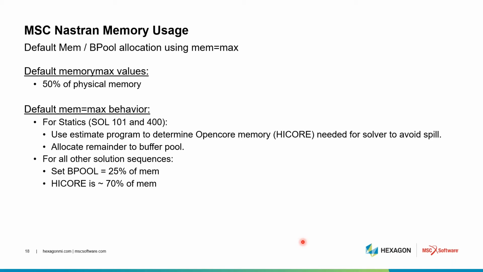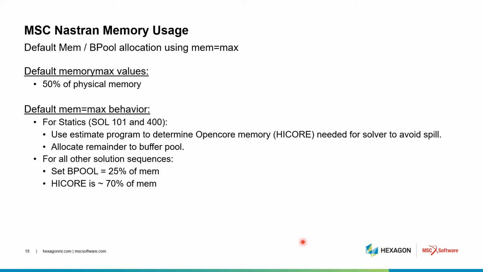So, memory usage with MSC Nastran. The default memory and buffer pool allocation using memory=max is given by MSC Nastran. The default memory max value is 50% of physical memory. The default memory=max behavior for static solution 101 and 400 is to use an estimate program to determine open core memory, the high core needed for the solver to avoid spill, and allocate the remainder to the buffer pool.